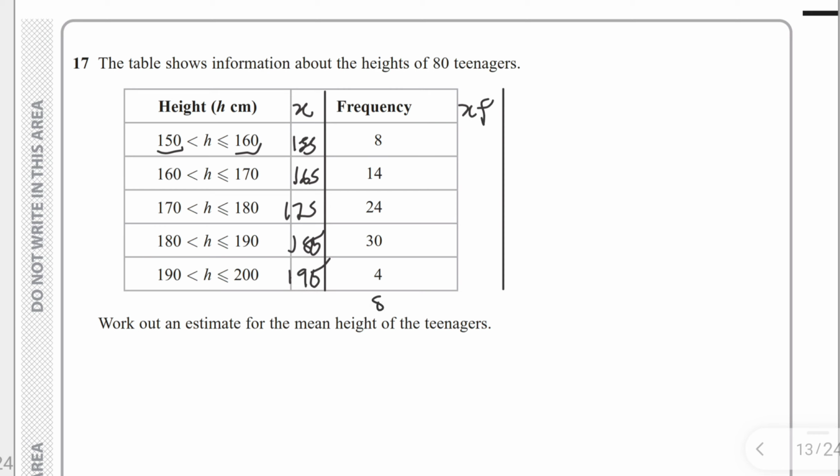So the total frequency is 80. So 8 times 155. Let me use the calculator. So that is 1240. Let me just create more space here.